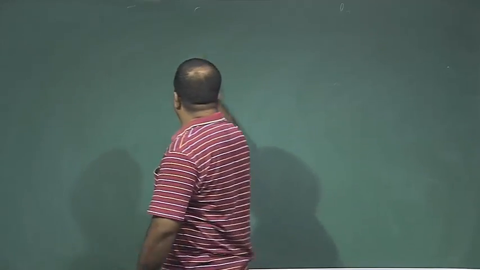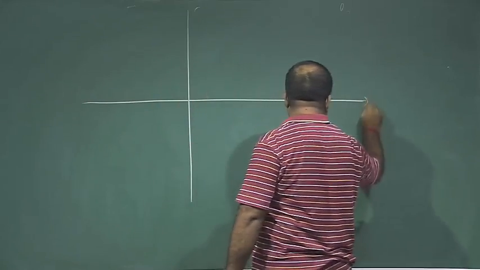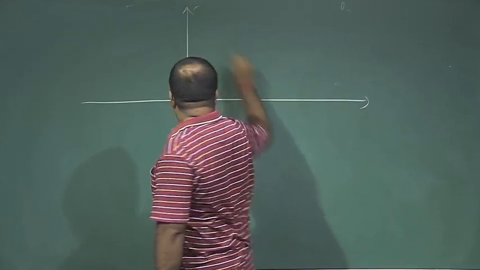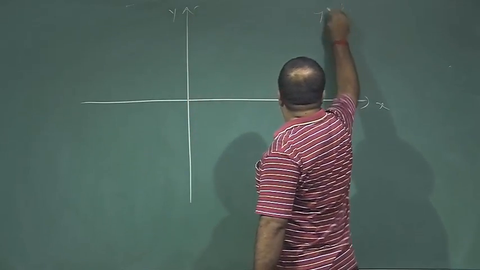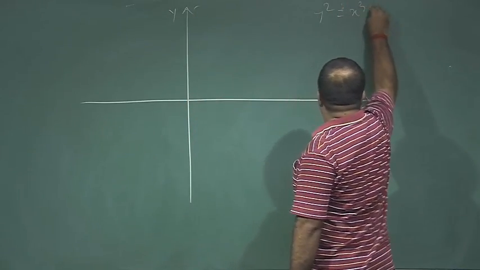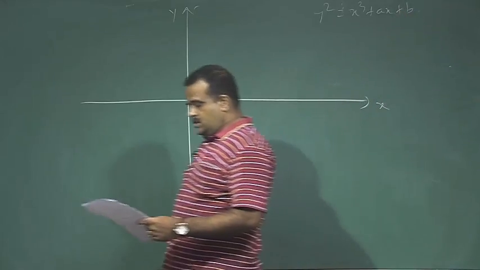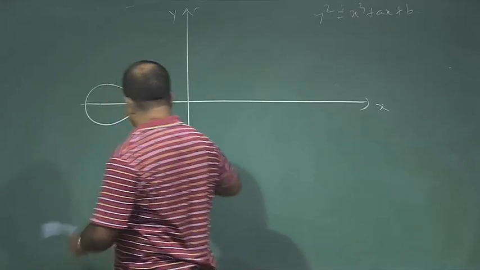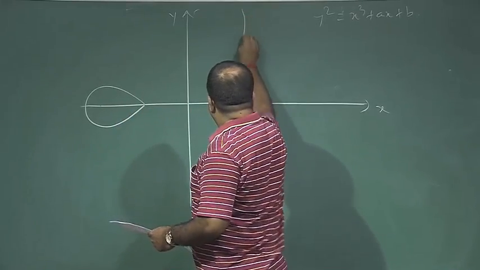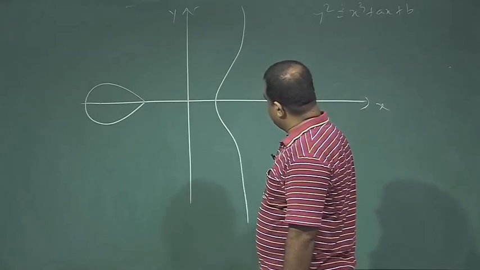Suppose this is the x axis, this is the y axis, and our curve is y square equal to x cube plus ax plus b. This is over real. If you draw it, it has two parts, this and another part which is symmetric.